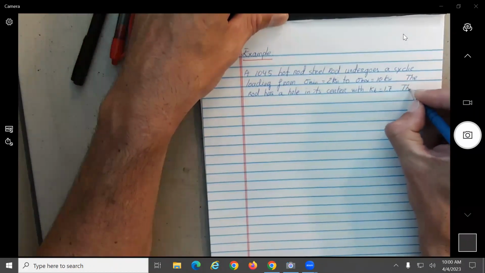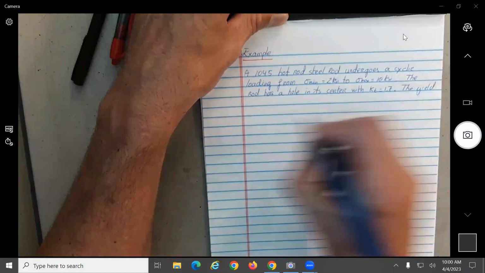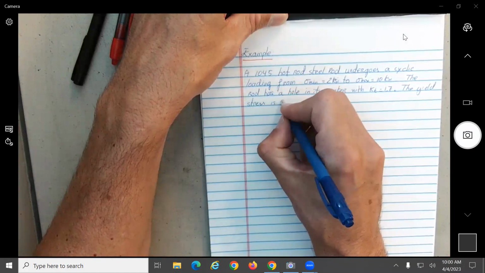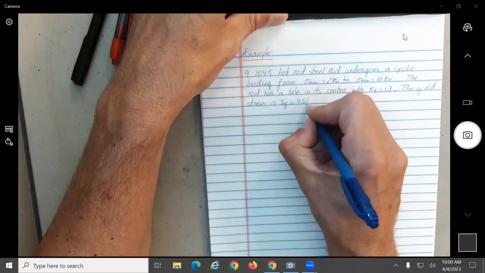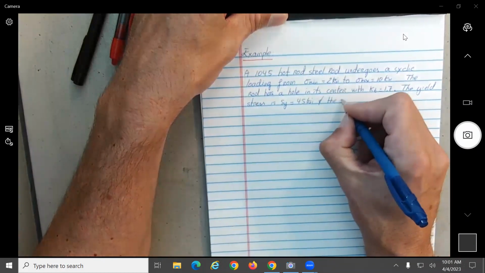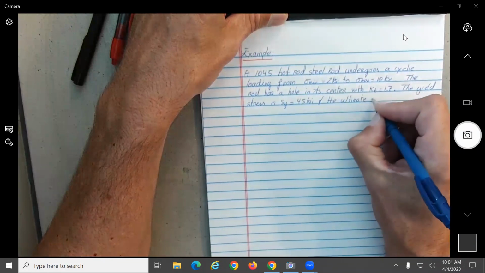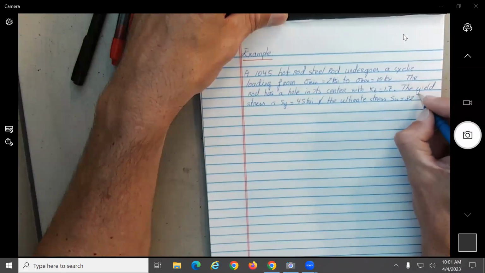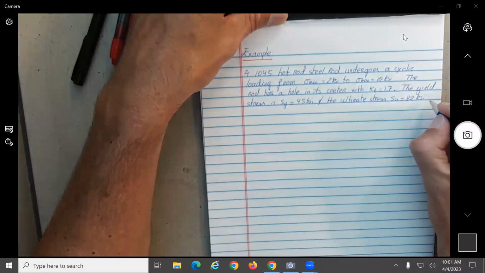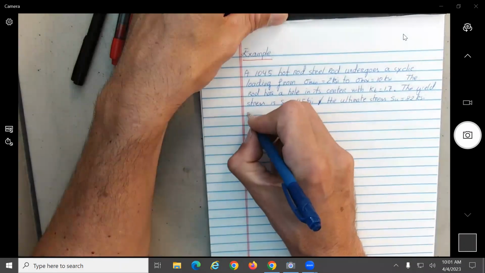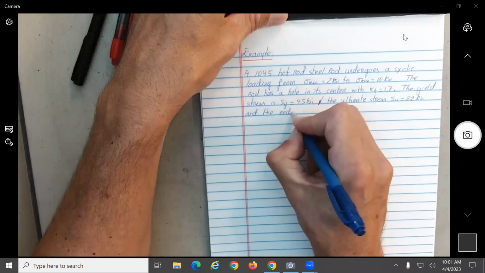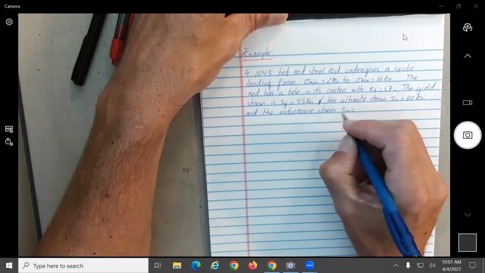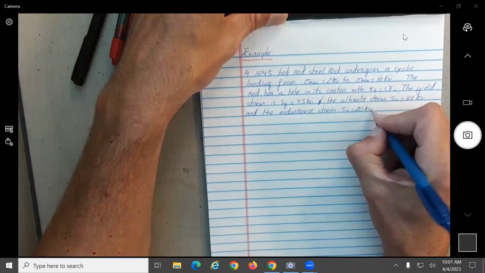So they say, let's see, the yield stress is SY equal to 45 psi, and the ultimate stress SU is 82 KSI, and the endurance stress is 20 KSI.